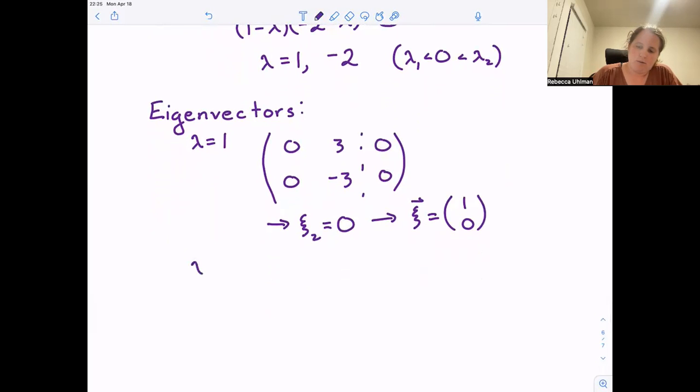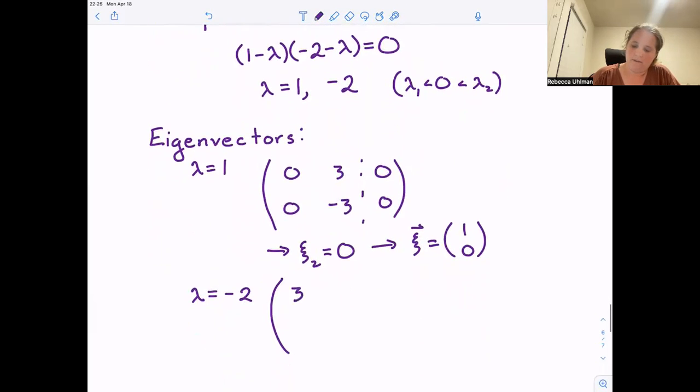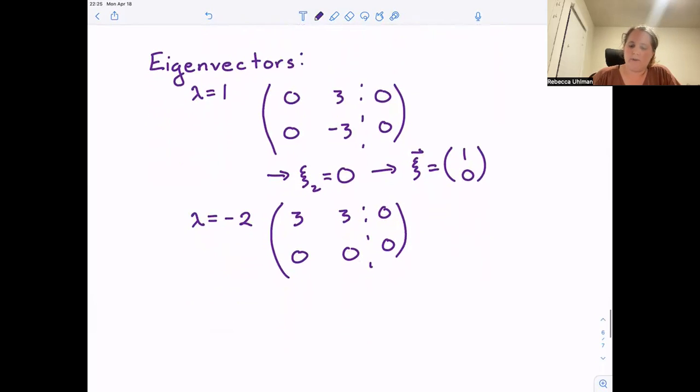For lambda equaling -2, we are looking at 3, 3, 0, 0, and then with augmentation, the 0 vector. We wind up getting psi2 as just -psi1.